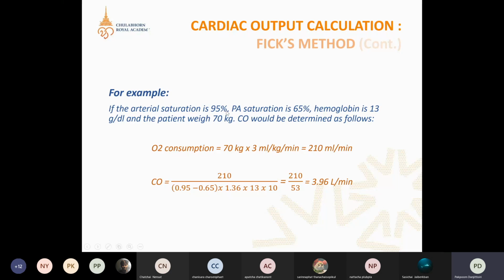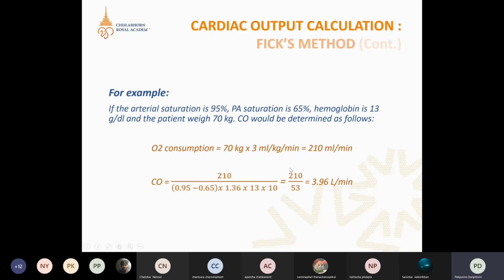You need to change the percent into decimal numbers, so 95% will be 0.95, minus the saturation in the PA, which is 65%, or 0.65, and then multiply by 1.36, then multiply by 13 from the hemoglobin, and then multiply again by 10.